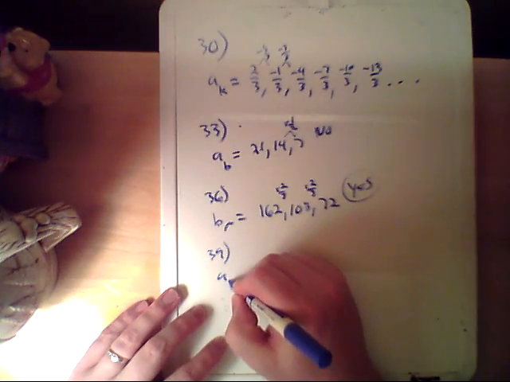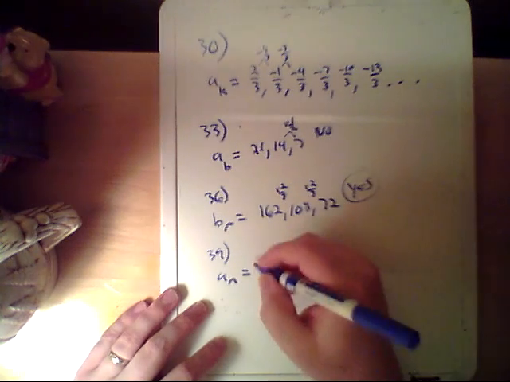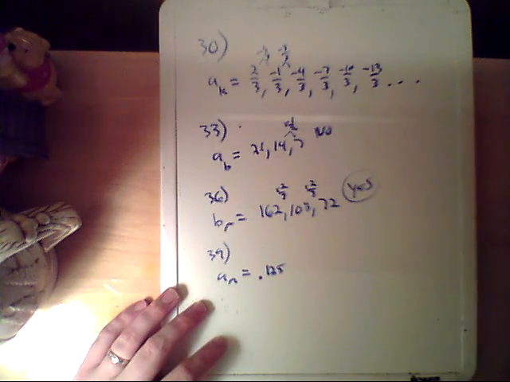We'll call this a sub n, because that's what you'll see mostly. 39. Find the next three terms in the sequence and graph. I will not graph, but you're welcome to graph if you'd like. So we got 0.125, -0.5, and 2. Interesting.